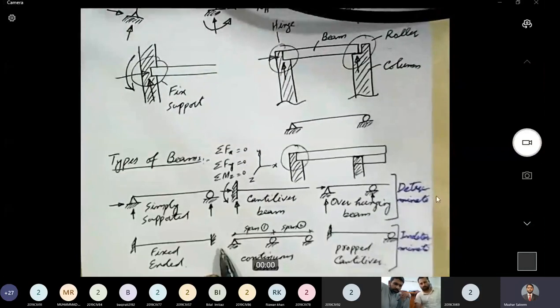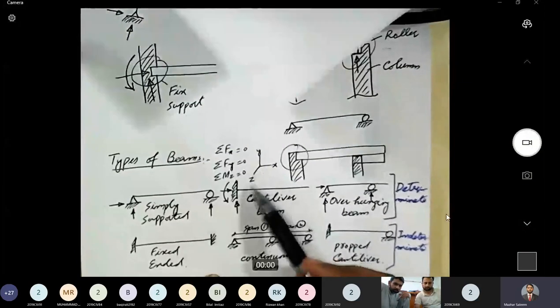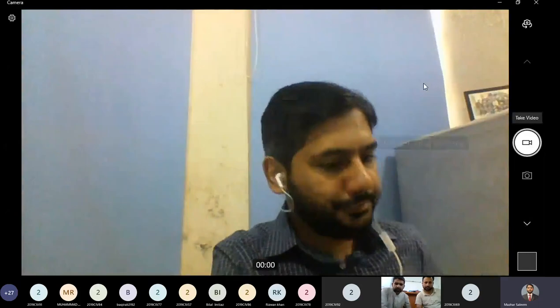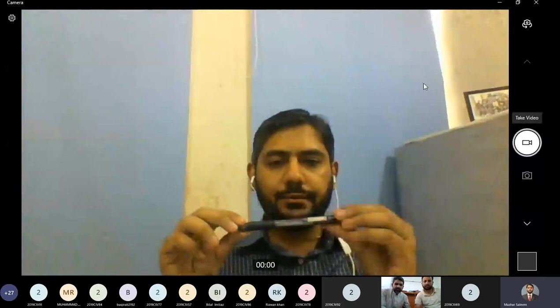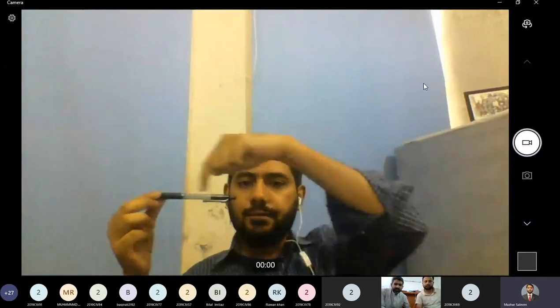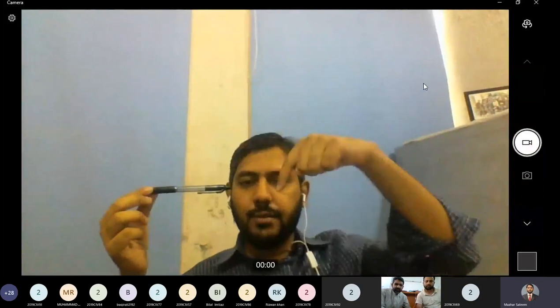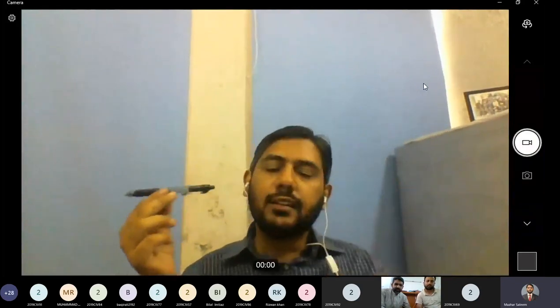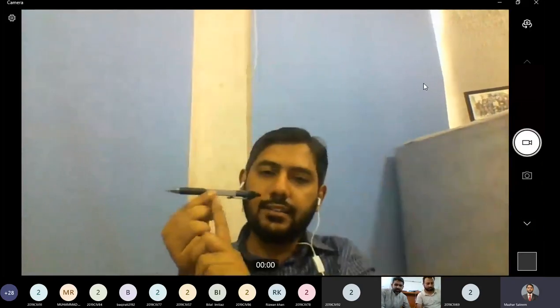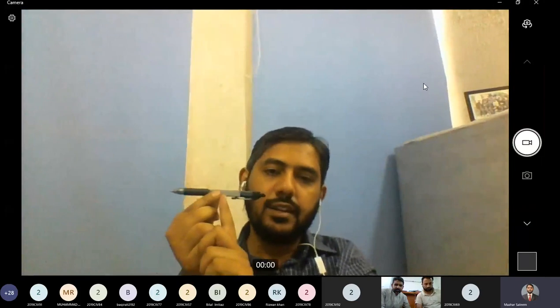All right, something in the chat. What is Mz? Mz is the moment about the z-axis. Let me change the camera view to explain what Mz is. If we have this member here, let's say this is a beam, and this axis is the longitudinal axis of the member. This axis is, let's say, the x-axis, the y-axis is the vertical axis, and the z-axis is the out-of-plane axis.